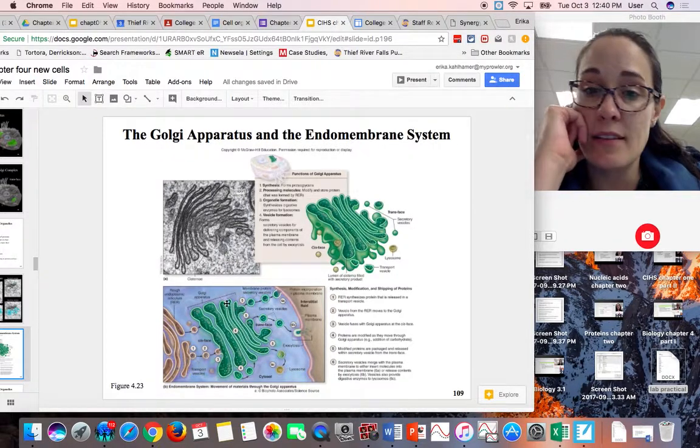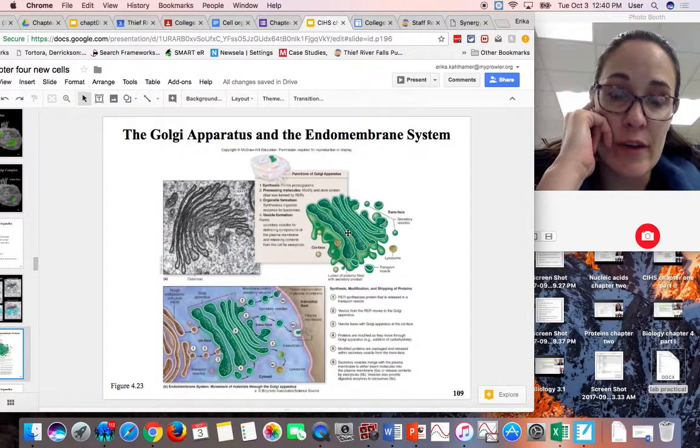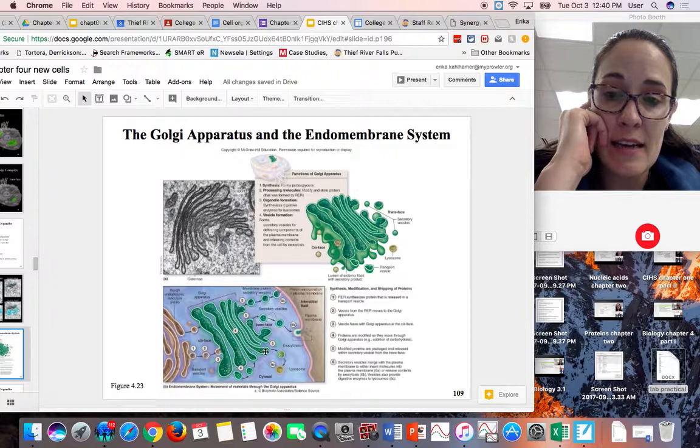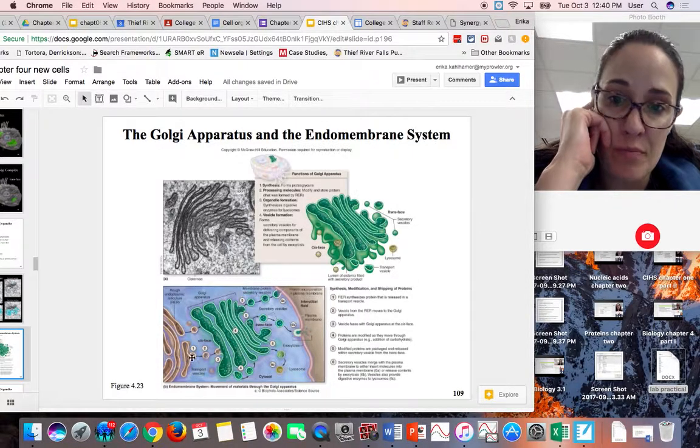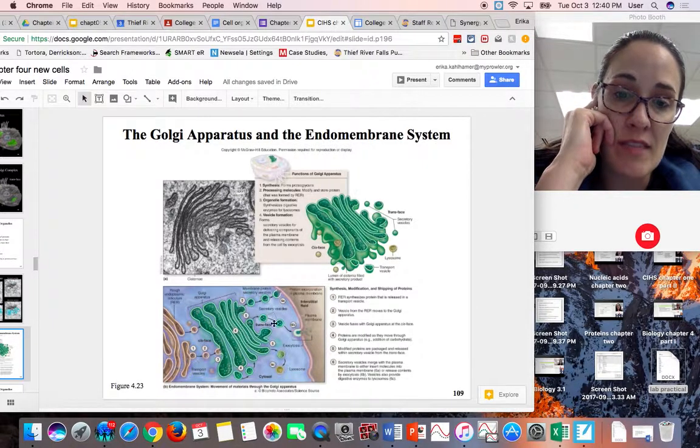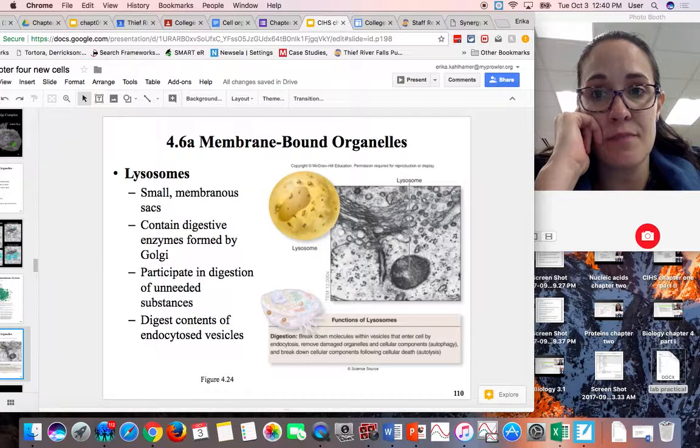Here's from your book, which shows great images of the Golgi apparatus, different sides of it, what it looks like, what its purpose is. This one I really like down here because it's connecting the rough ER, the proteins that are being produced, sending them to the Golgi apparatus, and the proteins in the vesicles being sent outside of the cell.